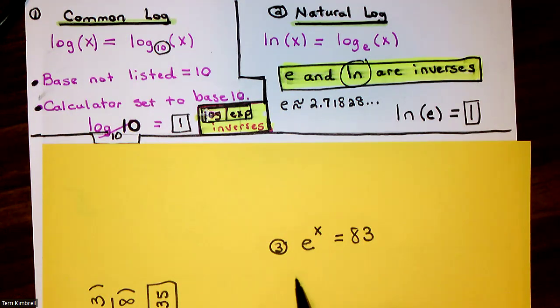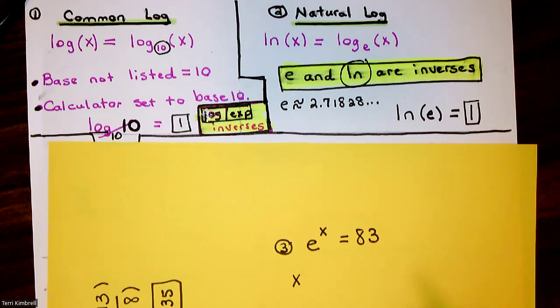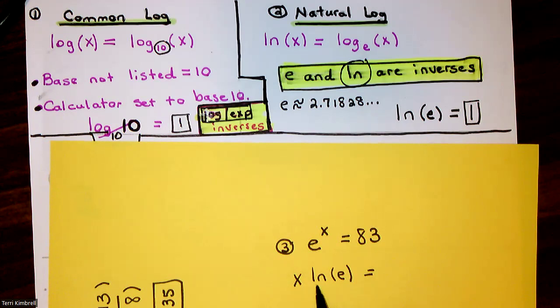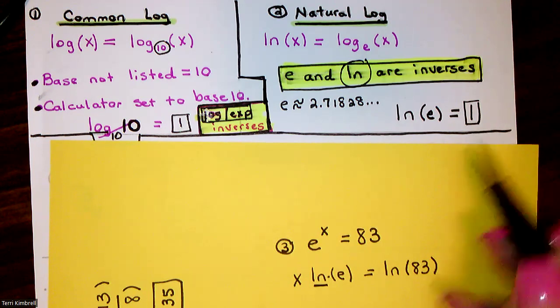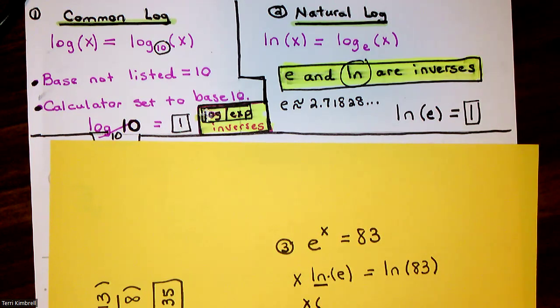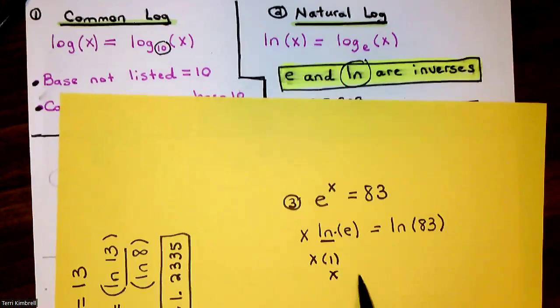So we can drop this power in front, and we can write ln of e. And since I take the ln of this side, I need to take the ln of the opposite side. So when I look at that, the ln of e, if you remember, is going to go to 1. So that's essentially going to be x.